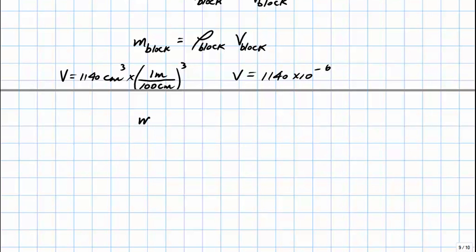And so the mass of the block simply equals the density, that was given as 525, times the volume we just calculated as 1140 times 10 to the minus 6, and as a result, the mass of the block equals 0.5985 kilograms.